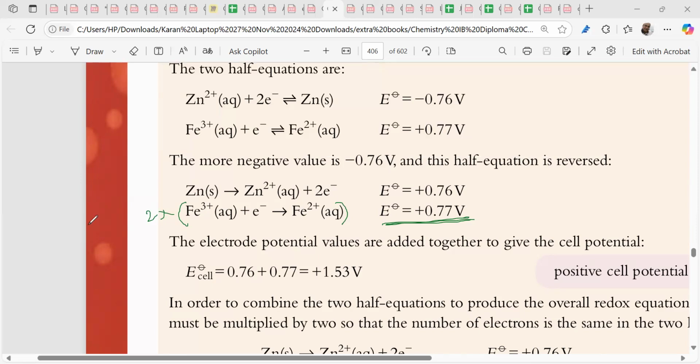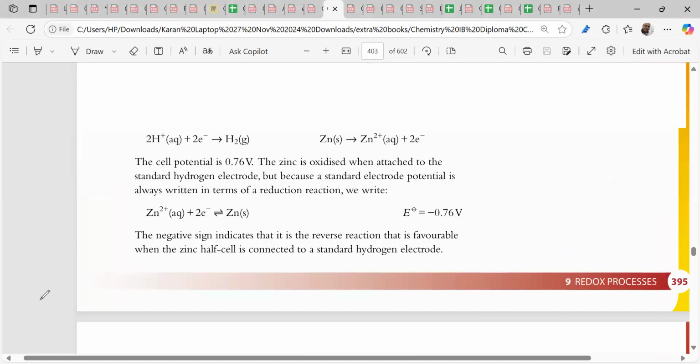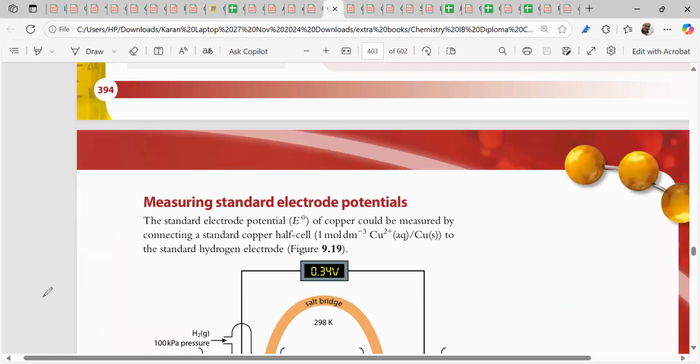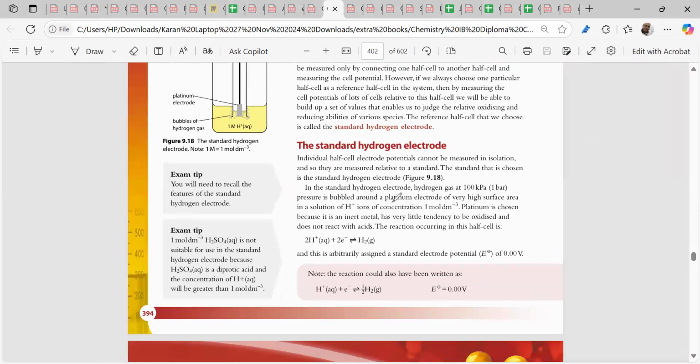Recall the standard hydrogen electrode. I told you that you can also write this reaction as H plus plus 1e gives you half H2, but the electrode potential won't change, right?